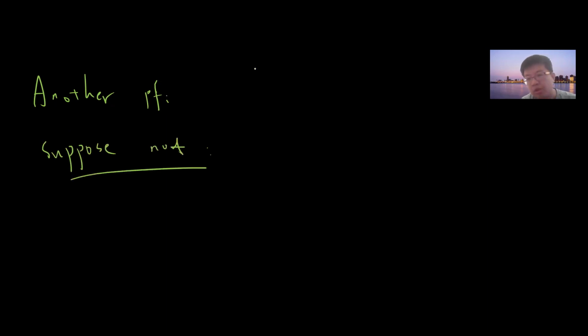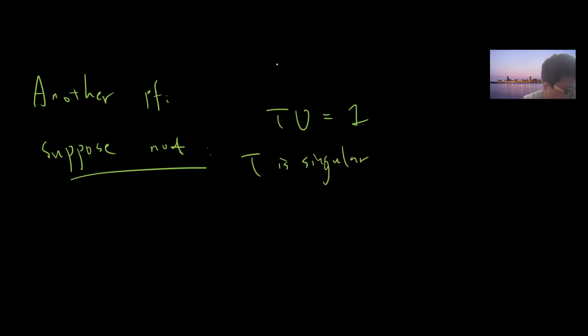Another proof is by contradiction. Suppose T has some U such that TU is 1, but T is singular. So that means T is not left invertible, right? But by our theorem, if T is singular, you can find some non-zero S that kills it.